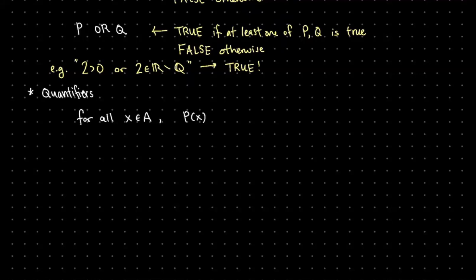So here P of x is some, sorry, some predicate involving x. Some people call this a universal quantifier because I said for all x in my universe, A is some set.